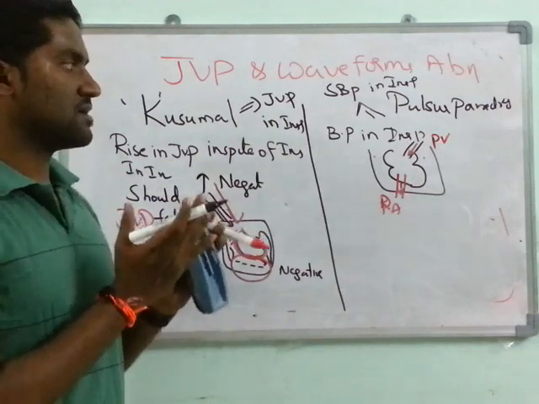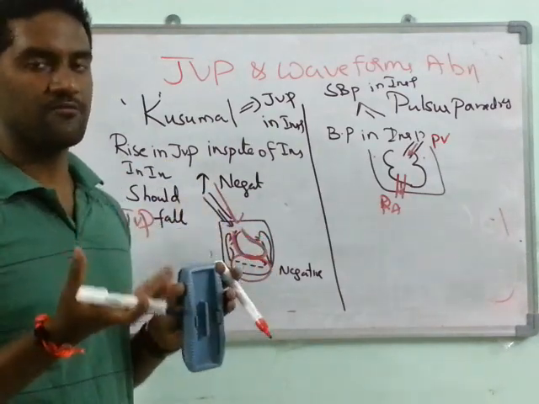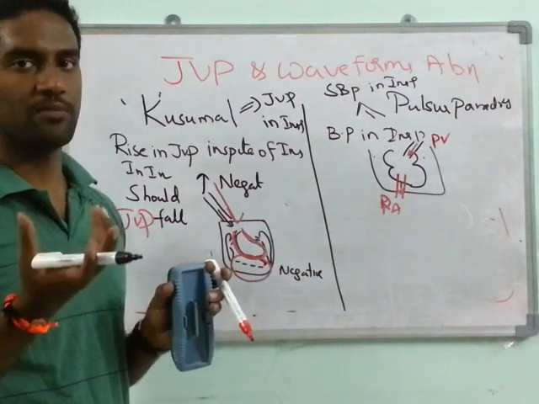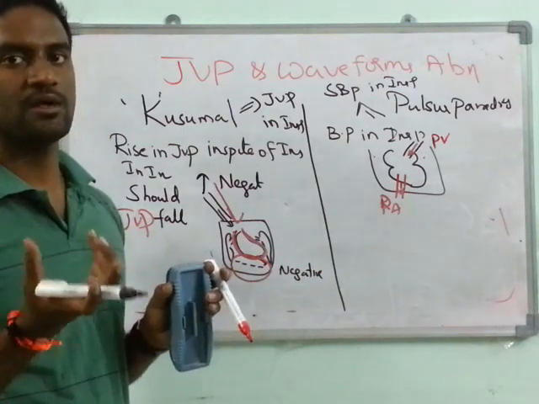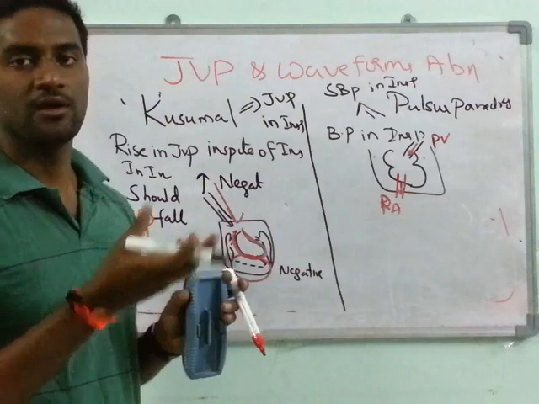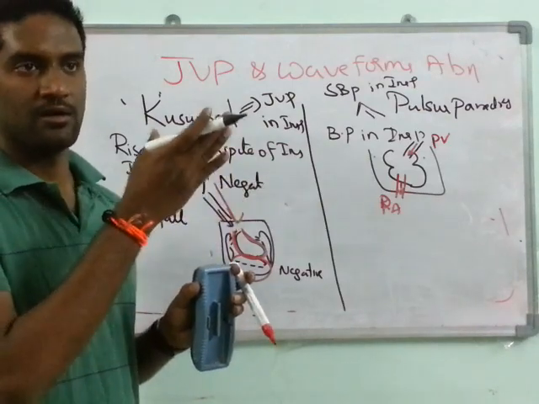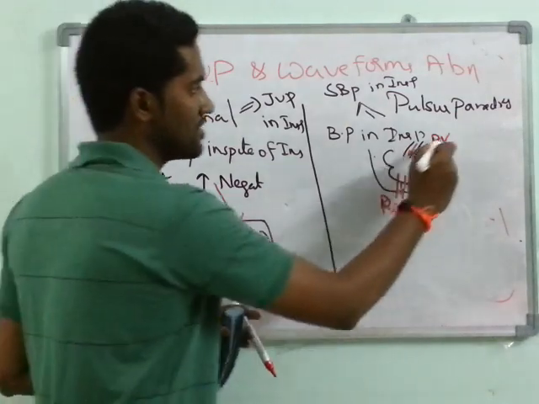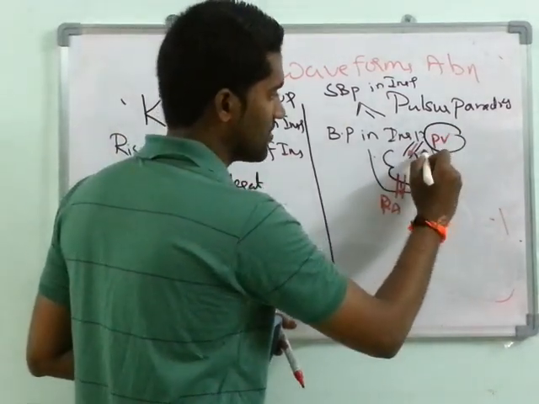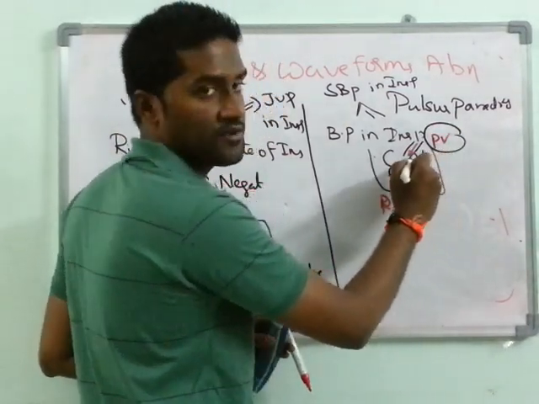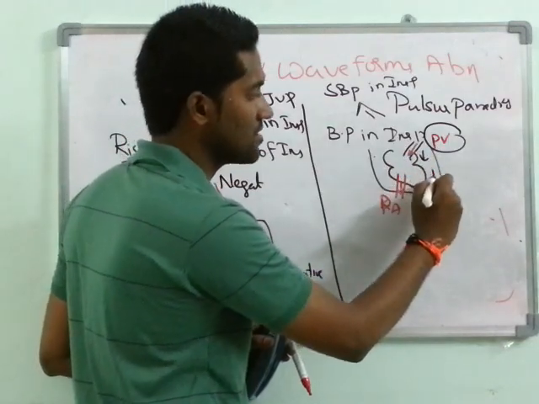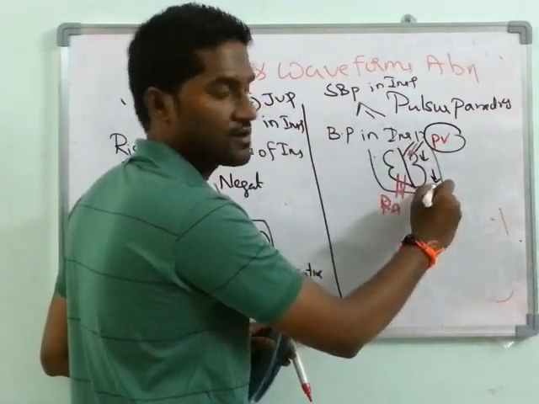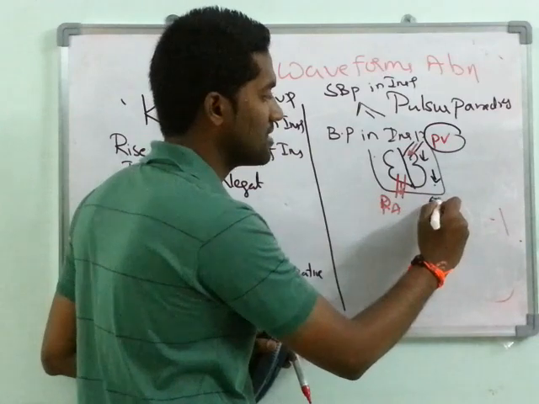What does it indicate? During inspiration, blood will be pulled into the pulmonary veins. So there will be less blood flow into the left atrium, which implies less blood flow into the left ventricle. Within the lungs, blood remains. So less blood comes into the left atrium, less blood reaches the left ventricle, and less blood will be ejected.